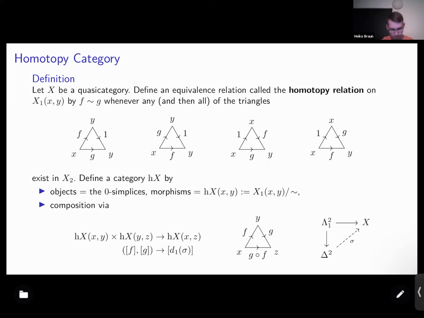So here are some pictures. Assume that X is a quasi-category, so a simplicial set where the inner horns have fillers, and this means that we can look at the edges.